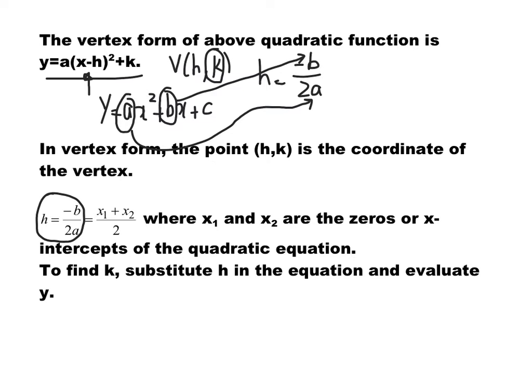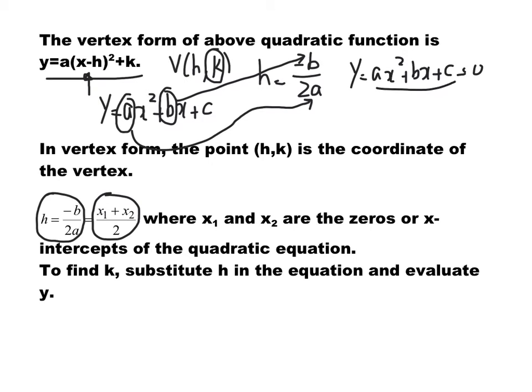Another way of finding the coordinate of the vertex is to find the x-intercepts or the roots of the quadratic equation in standard form, and then find the average of the two x-intercepts, (x1 plus x2) over 2. Now you may say, how do I find the x-intercepts? It's very easy. You use the quadratic formula and you solve ax squared plus bx plus c equal to 0.